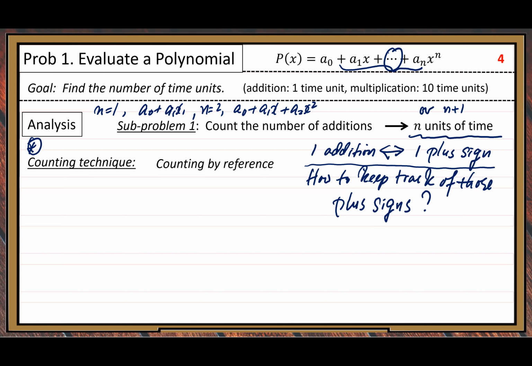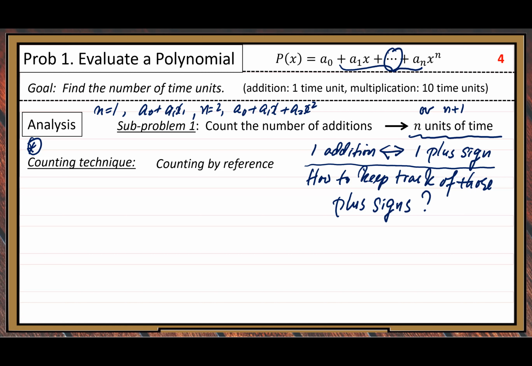When you see those dot, dot, dot, we get lost. We couldn't keep track of the number of plus signs. So you need a smart way to keep track of the plus signs.